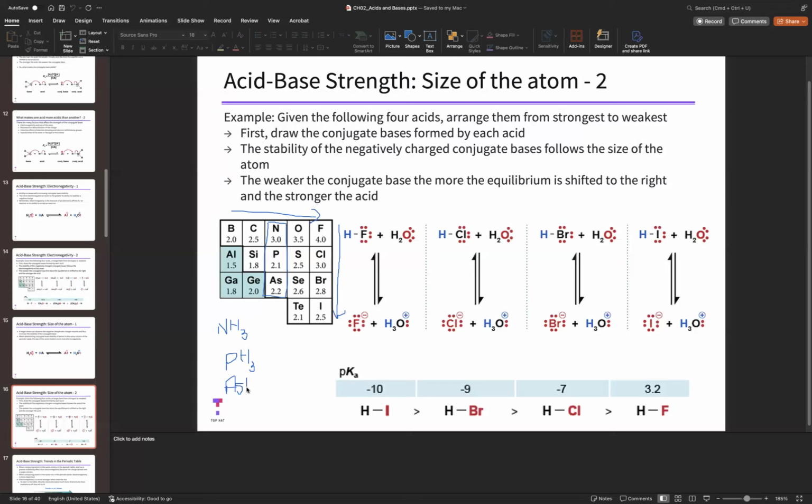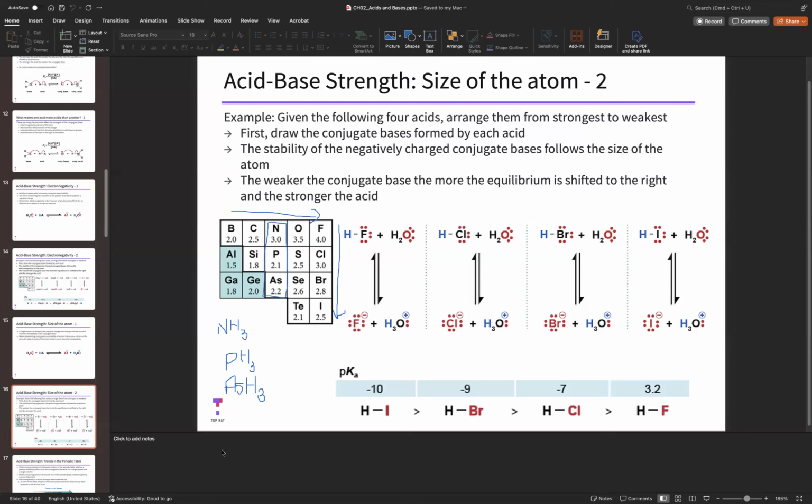Of these three, if you are asked which one is the strongest acid, what would you answer? Remember, electronegativity is not what determines the acid strength in a column in a group, but it's the size.